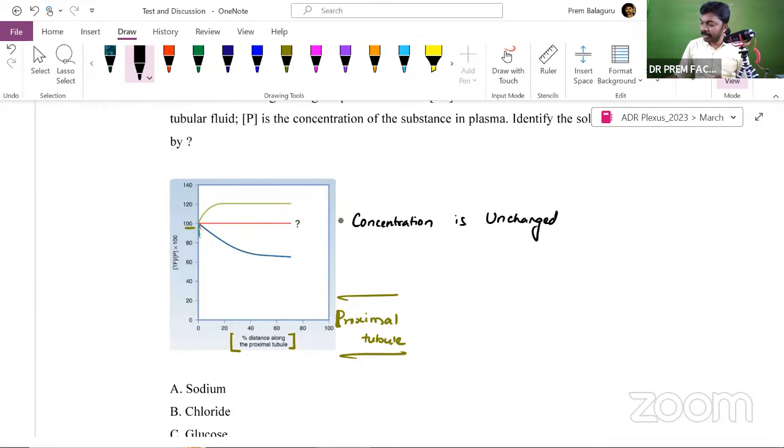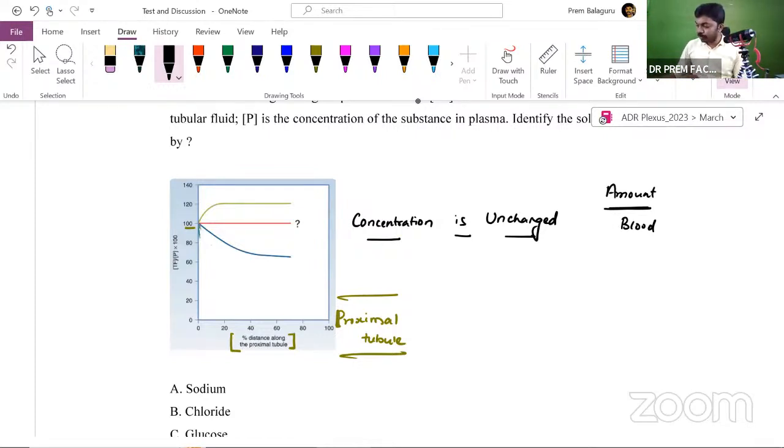What can lead to a fixed concentration, a concentration of a substance that remains the same, neither increased nor decreased? Concentration is all about the amount of the substance in a volume.